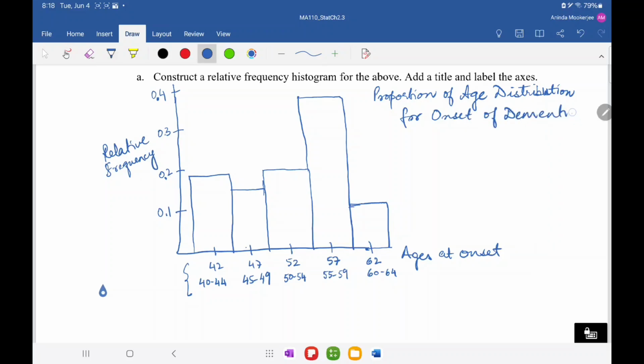All right. So this is how you would go about creating a relative frequency histogram from the limit grouping interval that we created earlier.